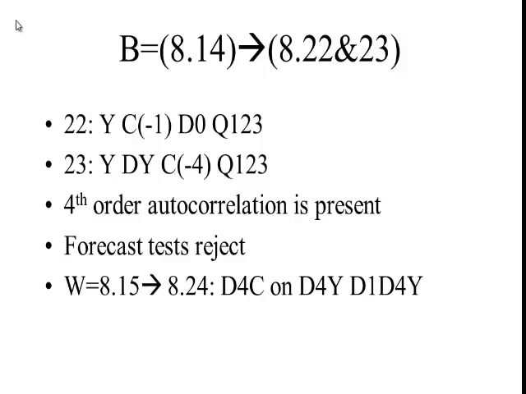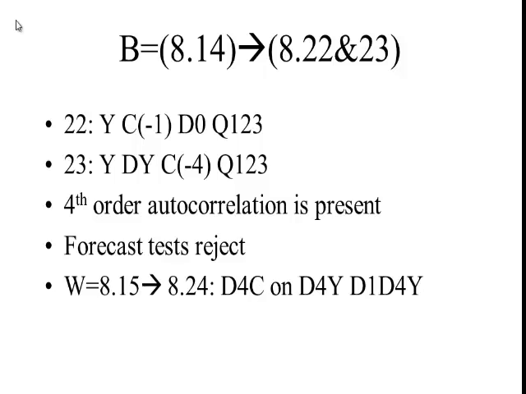Okay, so now equation 8.14 is the original Ball equation, and he translated it in two ways. One is Y and C minus 1, and then he adds the seasonal dummies.